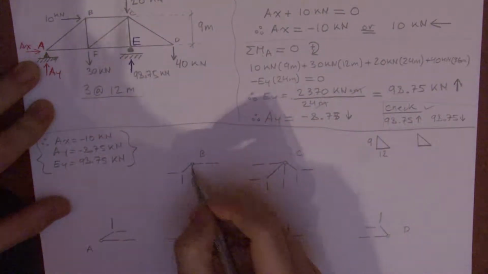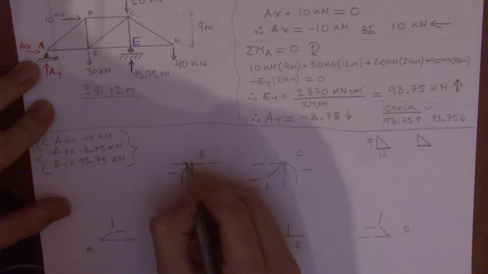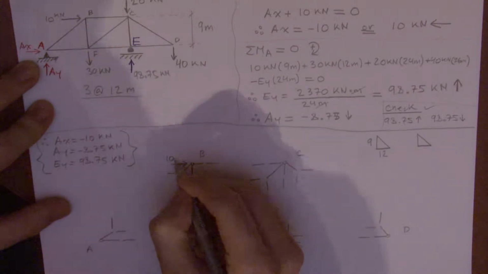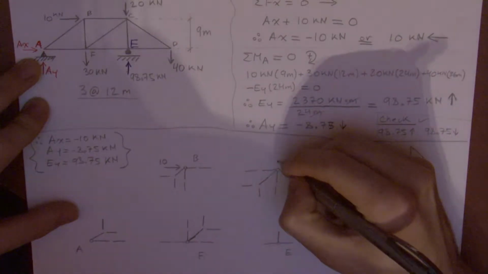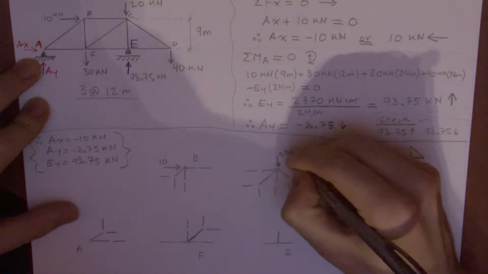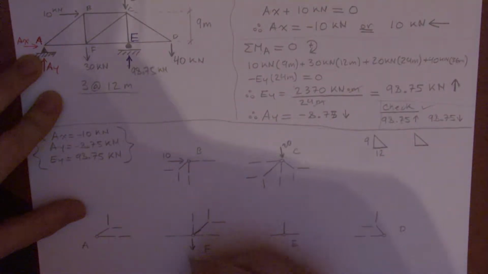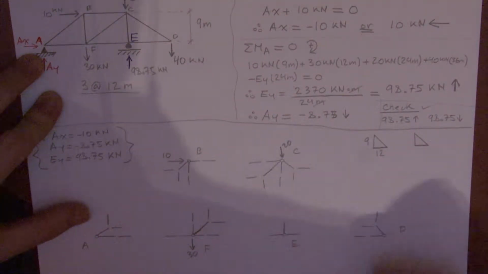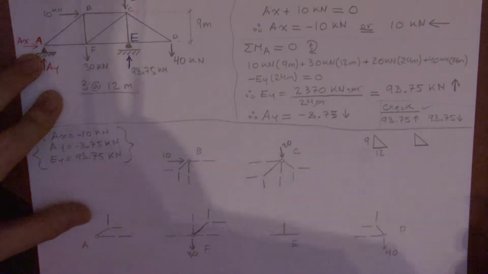So let's start with the info that we're given. At point B, there's a force going right of 10. I'm not going to bother writing down kilonewton, but mind you that it's all in kilonewton. At C, we have a 20 going down. At F, we have a 30 going down. At D, we have a 40 going down.